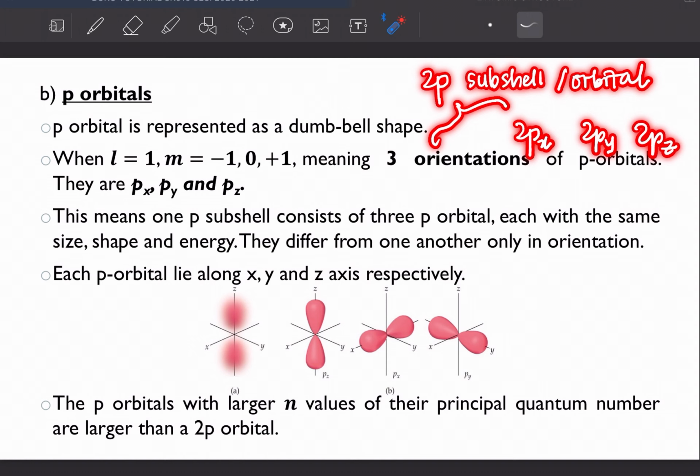Maksudnya 3 orientation berbeza. So ini ada orbital, orbital, orbital. Ada 3 orbital within 2p. So sometimes you will write it as sini 1, 2, 3 and awak tulis 2p je. Tak payah tulis 2px, 2py, 2pz. So this is understood that within the 2p subshell you have 3 orbitals, 3 orientations of your 2p orbitals.